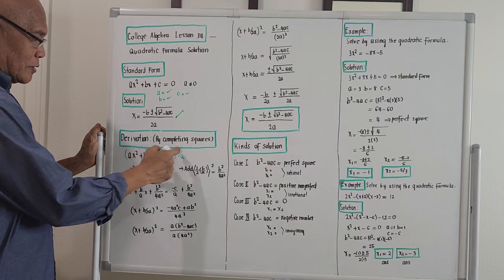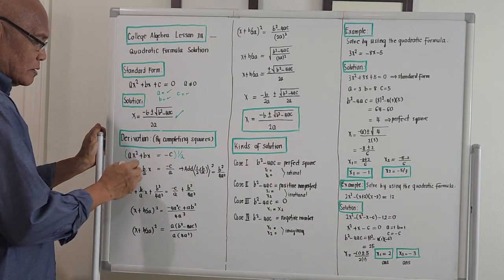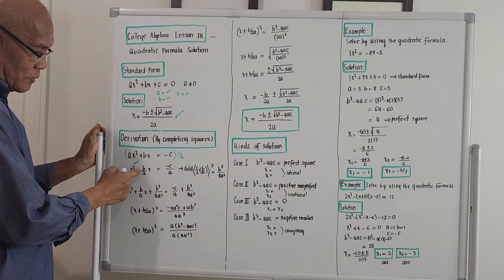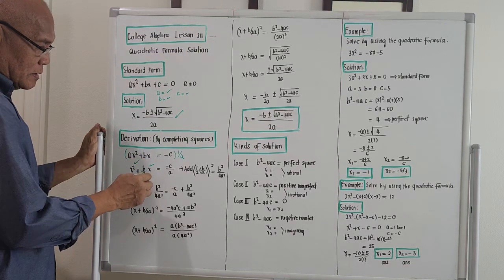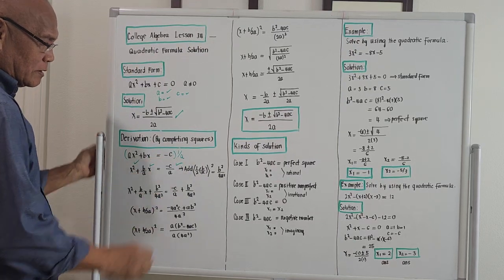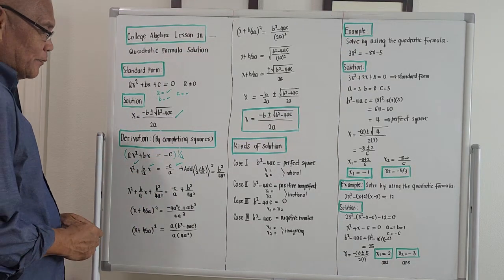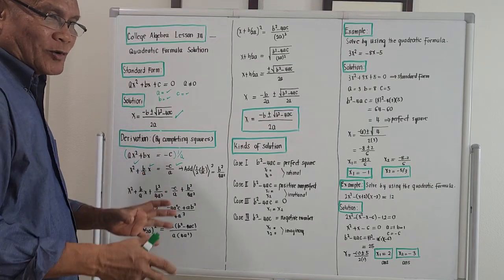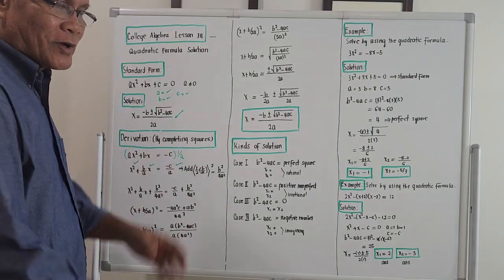So ax squared times 1 over a will be x squared. bx times 1 over a will be the ratio b over a times x. And negative c times 1 over a will be negative c over a. Then try to complete the squares. That's why the solution is by using completing the squares.